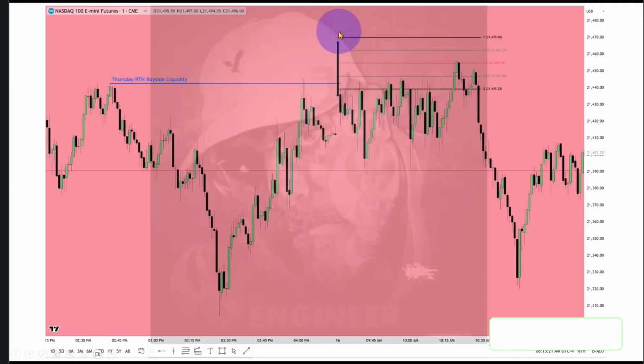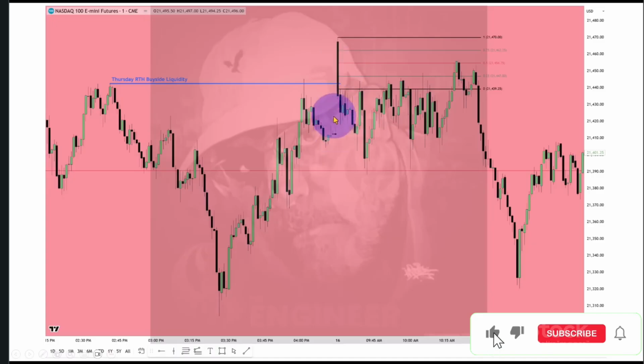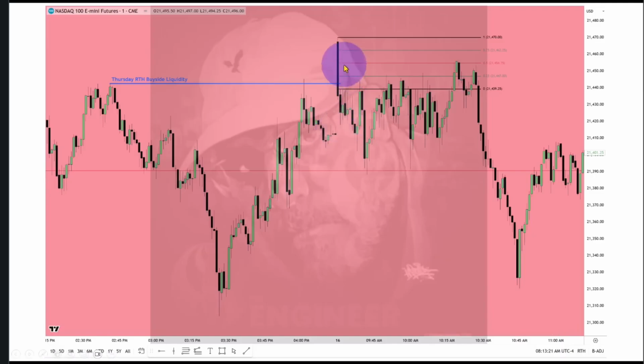And with that opening here, we measure the opening range gap to find the consequent encroachment of that. As soon as we get the opening price right there, boom, you know that you're looking for a 70% likelihood it's going to pull back into that opening range gap, 50% of it. So that's important to understand.